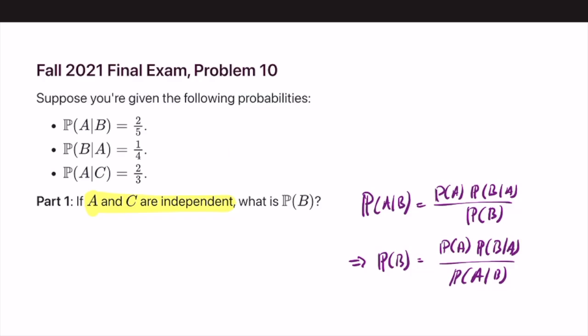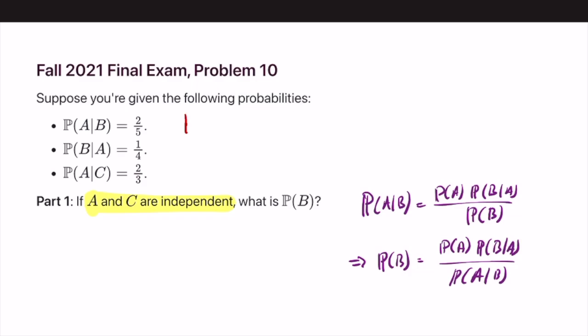Let's see. A and C are independent. So we know we're trying to fill in this stuff, and particularly we turned it into this form because what's the probability of B? This is what we're trying to solve. But if A and C are independent, what does that mean that we can do?